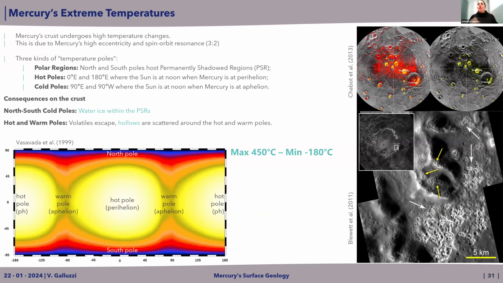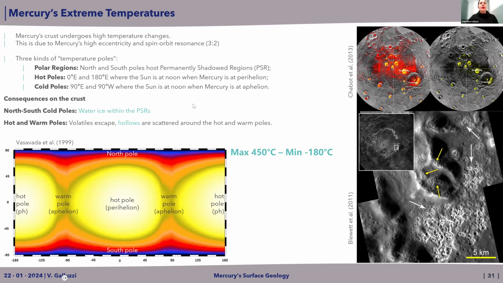Let's go on with the history of Mercury. We talked about effusive volcanism, tectonics, and explosive volcanism, and let's go to another feature of Mercury, which is represented by the presence of volatiles around the planet.